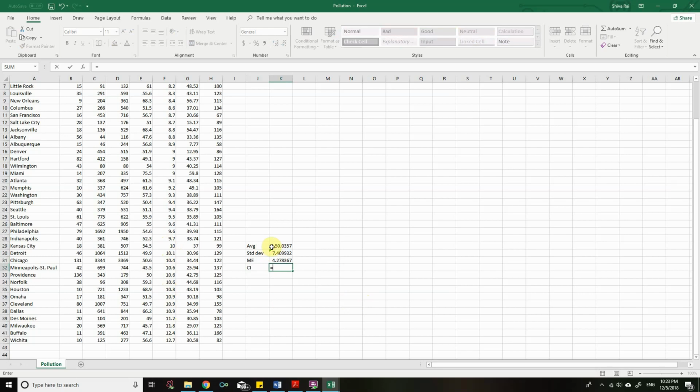The confidence interval would be: left endpoint equals average minus margin of error, and right endpoint equals average plus margin of error. So that's 45.75 up to 54.31.